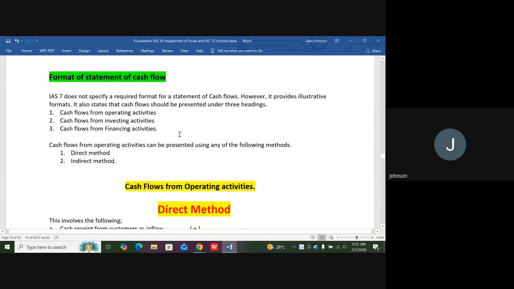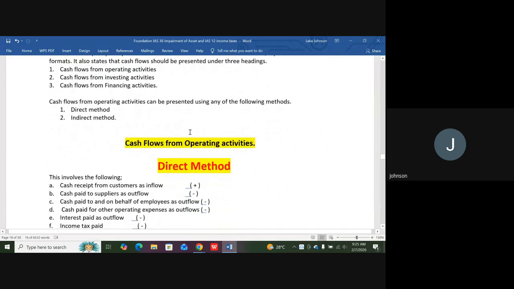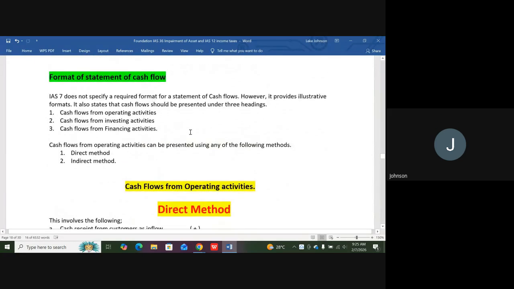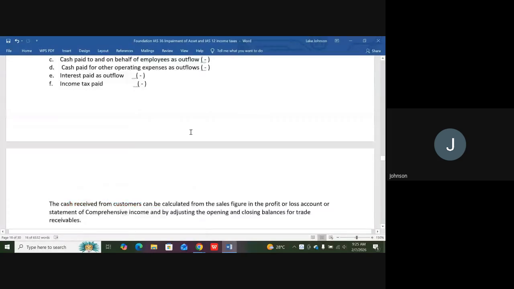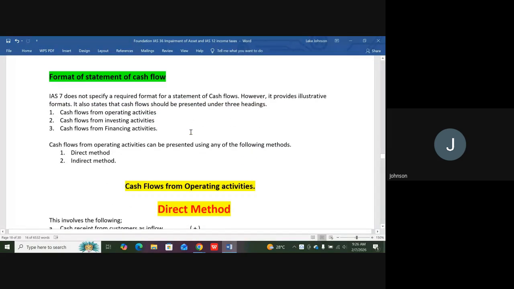Then when we come next time, we're going to be looking at the format of how to do our cash flow statement. But before we go on, let me quickly share light on this format of cash flow statement. When you are doing cash flow statement, there are 2 formats that can be used.